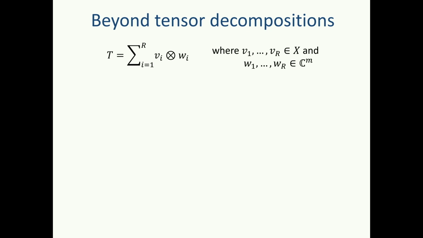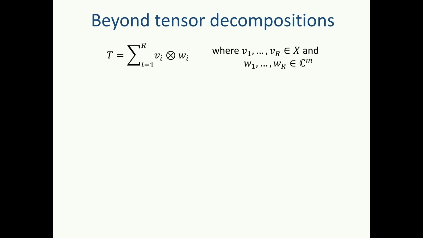Your tensor, you can think of it as a matrix, is just given by a low-rank decomposition where these V_i in this decomposition actually come from your variety. And your W_i can be from the whole space. Or it could also come from the variety, that's fine too. So it just has a low-rank factorization in terms of the elements of your variety.